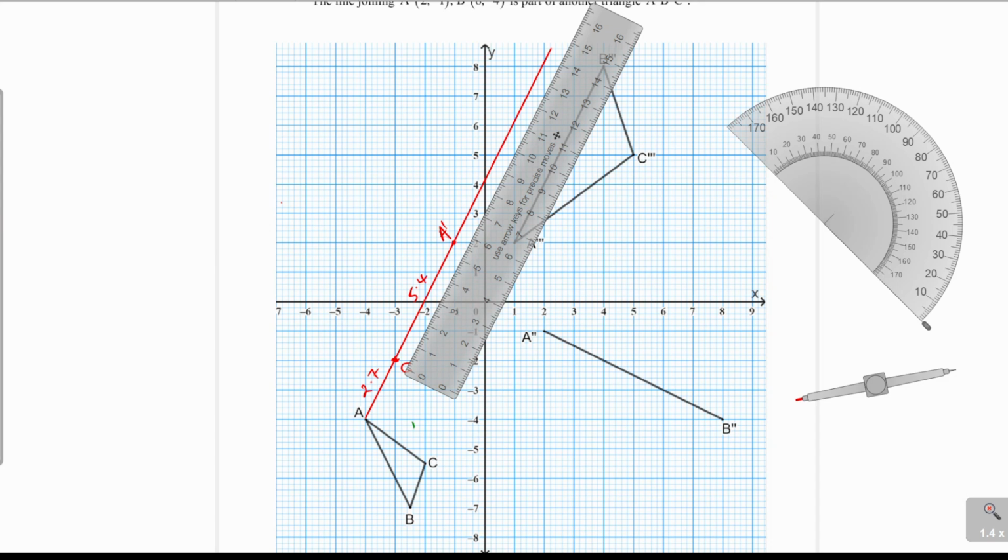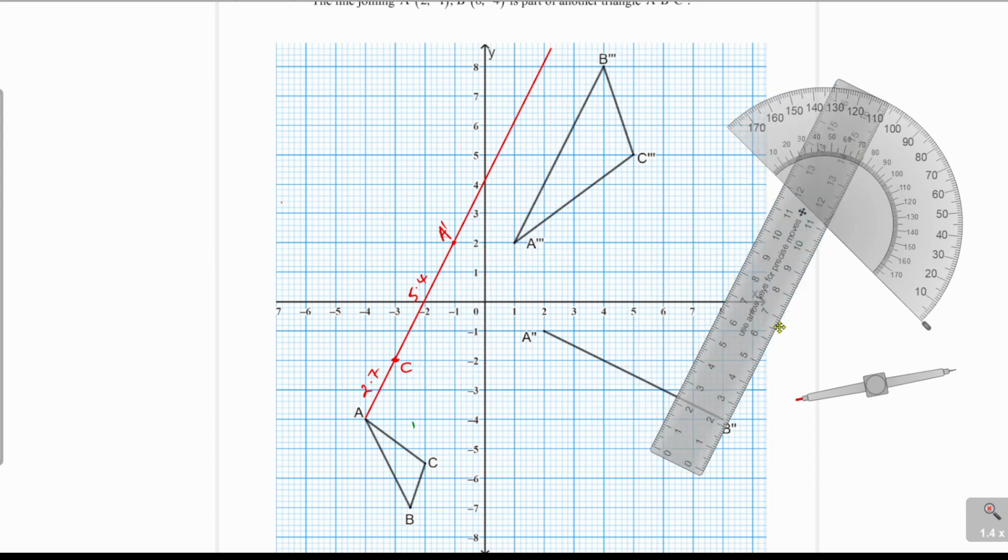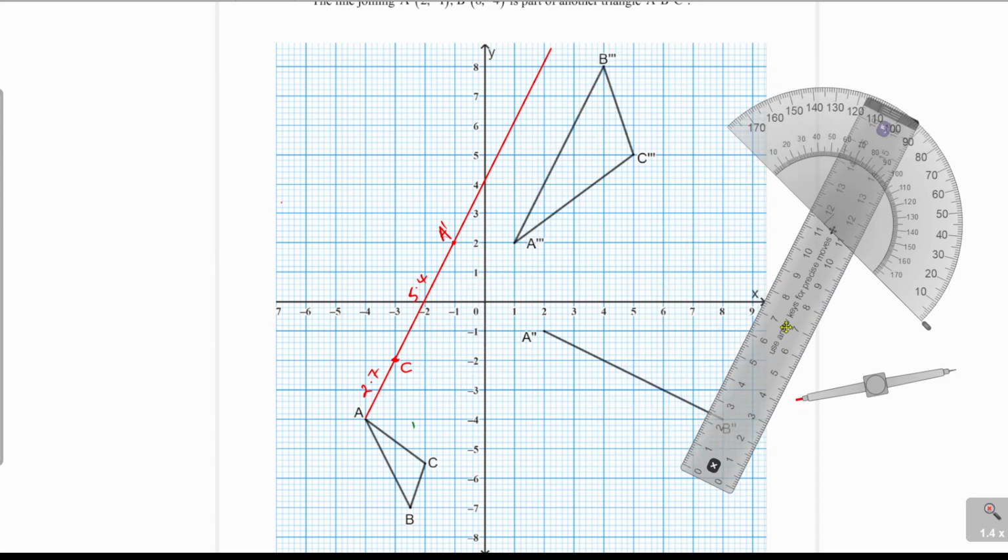So for B, you'll simply join B to the center of enlargement. So B is here. Join it to the center of enlargement like that, using a straight line.